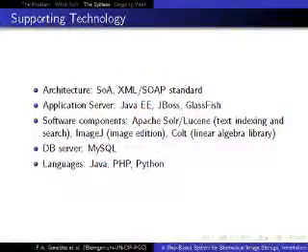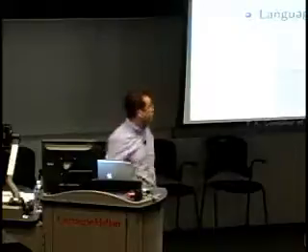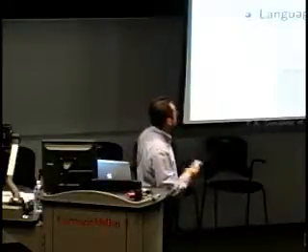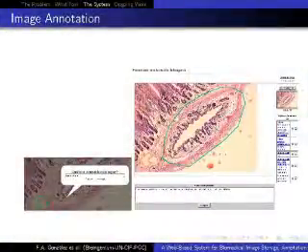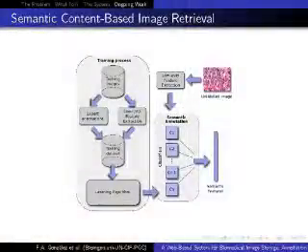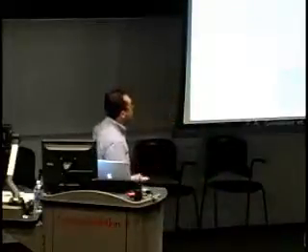This is the supporting technology, it's basically Java-based, but we integrate other technologies for the text indexing, for the image edition, et cetera, okay? These are the type of things that we are working on, and we already integrated on the test systems, not in the production system.